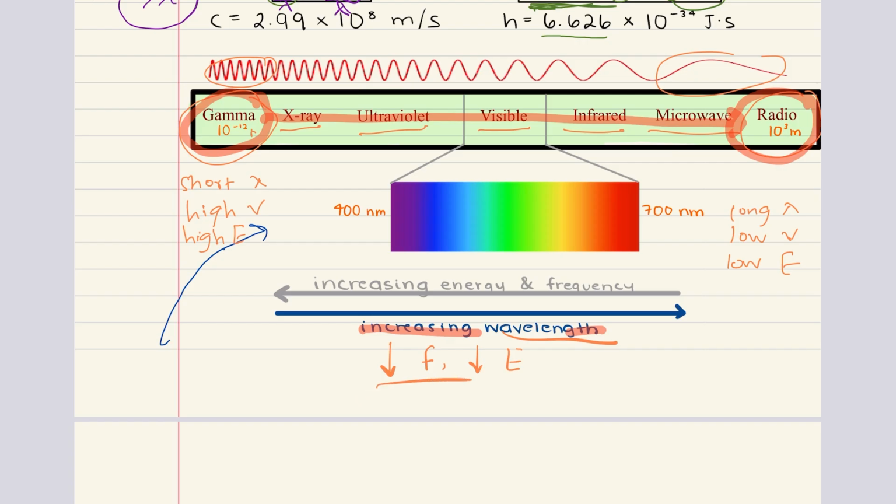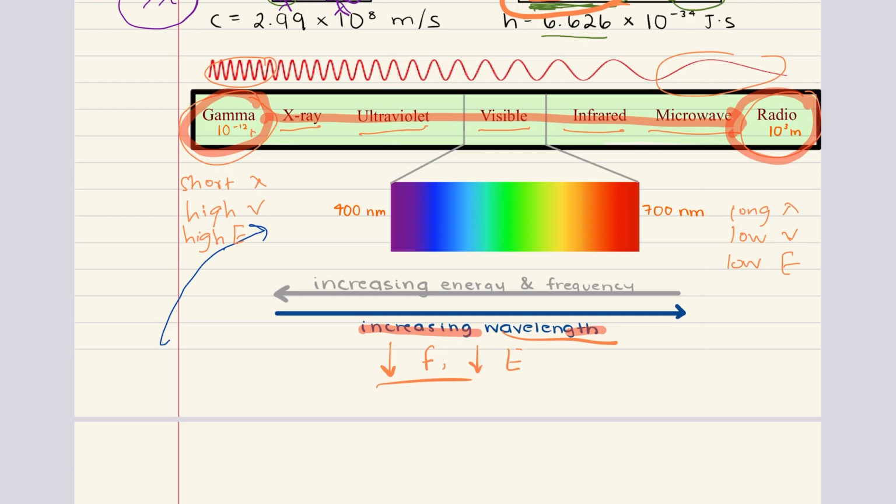Since wavelength increases going from gamma to radio waves, then frequency must decrease. Now, why does energy decrease as well? Well, from this equation right here, we know that energy and frequency are directly proportional. So when frequency decreases, so does energy. When frequency increases, so does energy.